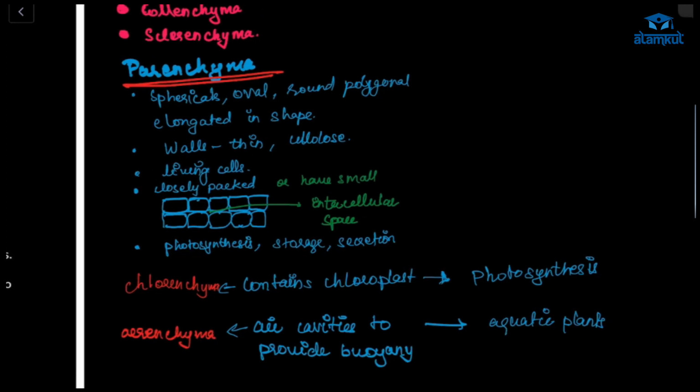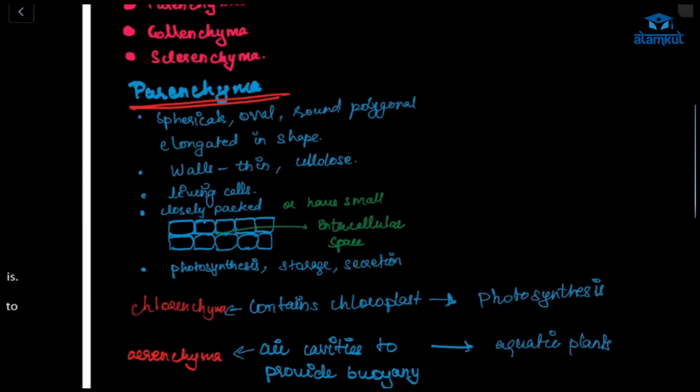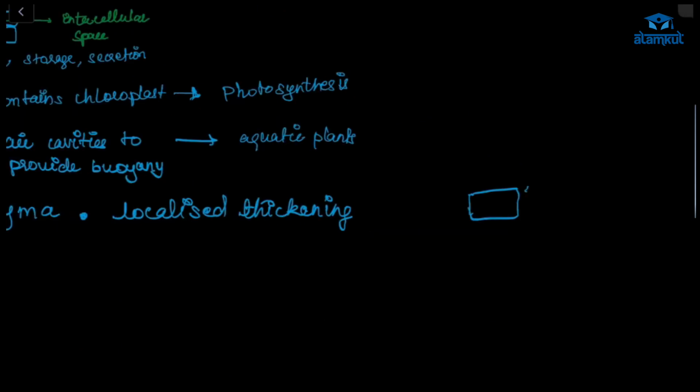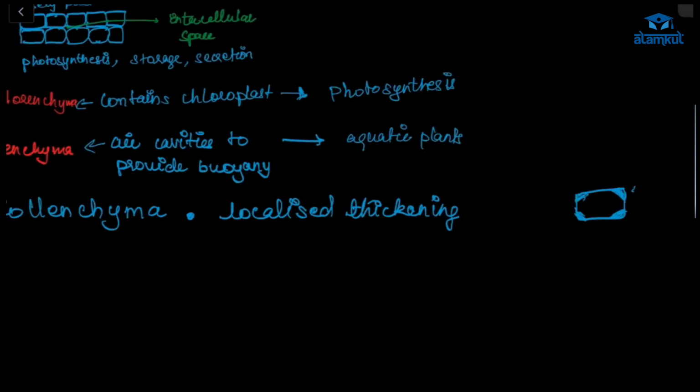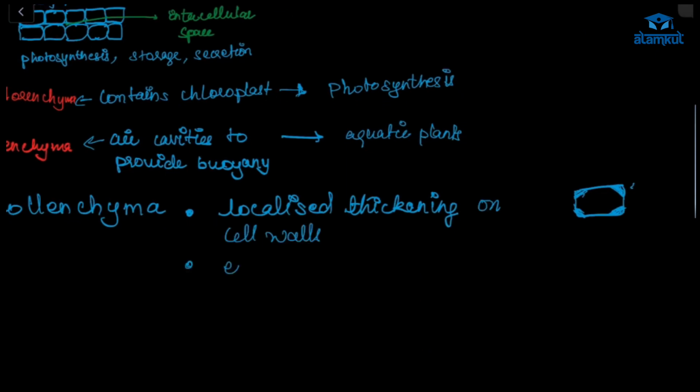Next, we'll go for the collenchyma. In parenchyma the wall is thin, right? In collenchyma, the wall will be thickened only at particular corners, localized places. Not all the parts are thickened, only localized thickening on cell walls, and they have elongated cells.